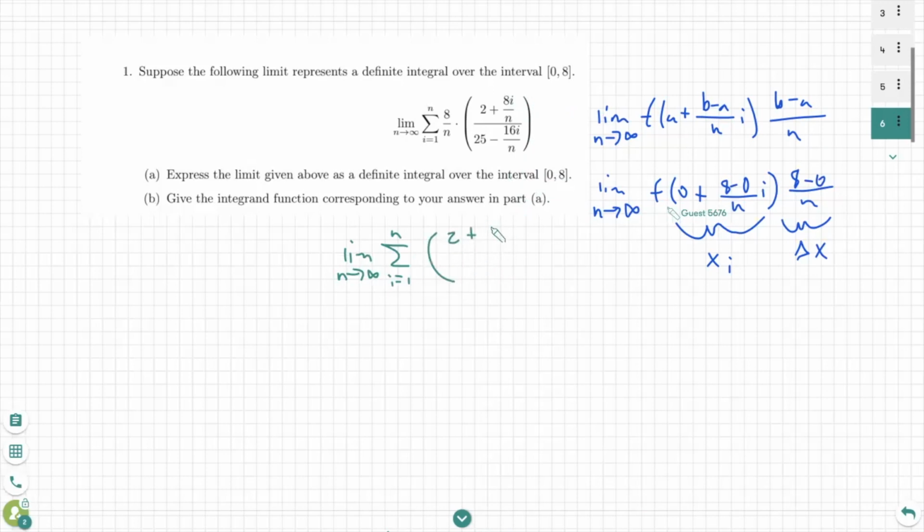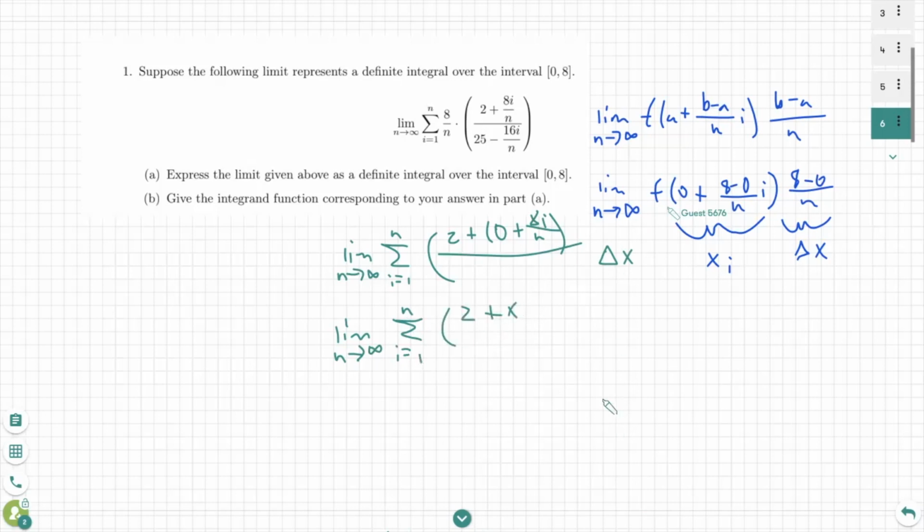We can throw in a 0, right? This is the same as 0 plus 8i over n. So then we can replace that with an x. So 2 plus x, okay.